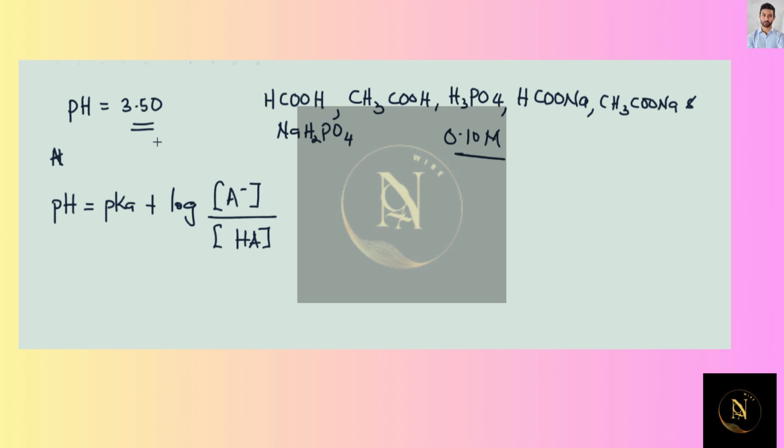The first thing you need to understand is that for the Henderson-Hasselbalch equation, you need an acid and its conjugate base. So I can't just pick acetic acid and have maybe sodium acetate as a conjugate base. I have to have, for example, the acetic acid and the sodium acetate together.